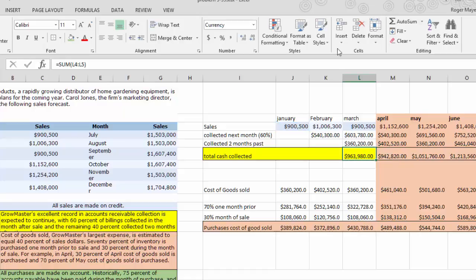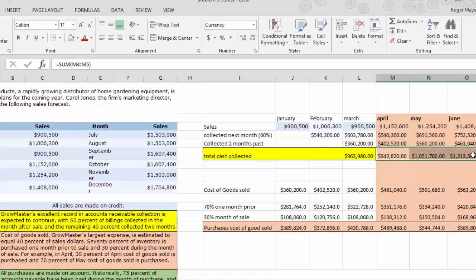So I simply then sum the columns, and summing the columns is summing what is collected 60% in the prior period and 40% 2 periods later. You go through April through June, and this is exactly what we're seeing: we are summing the collected last month and 2 months prior.